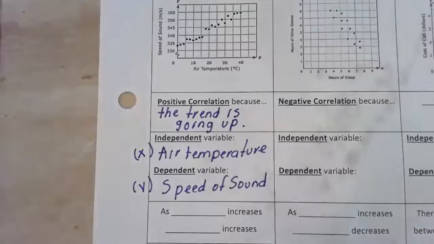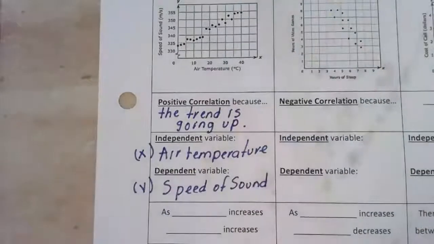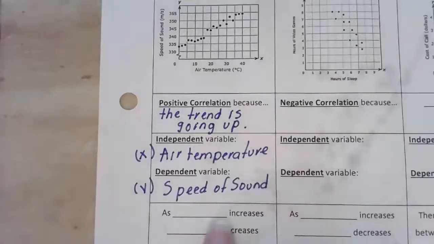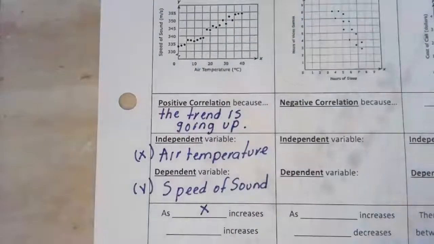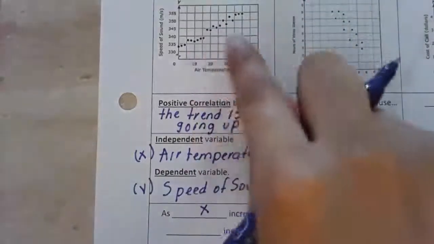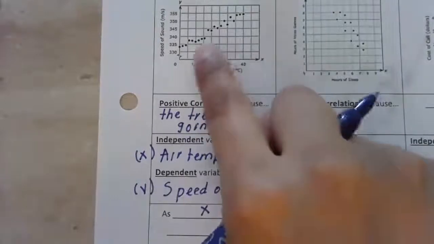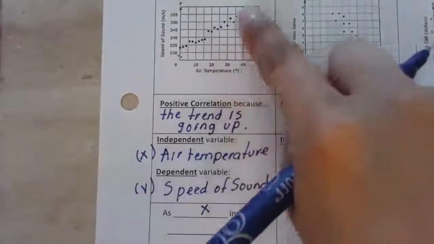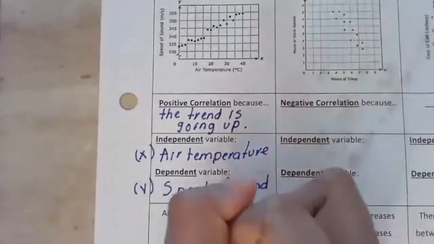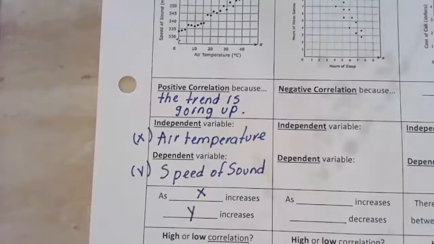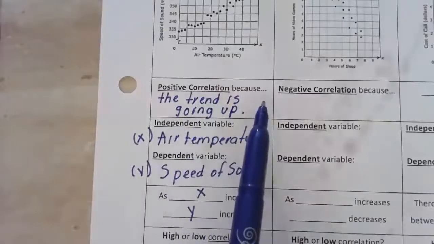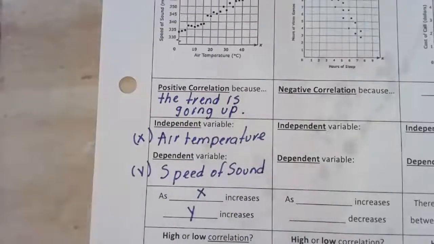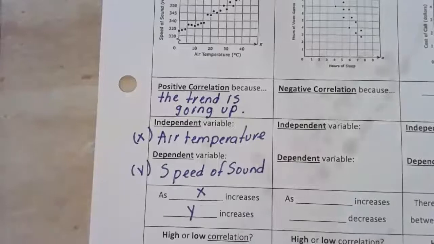So how can we describe this scatter plot and the variables? As X increases, what happens to your Y value? As I go up, your Y value is also increasing. So X increases, Y increases. So whenever it's a positive correlation, both variables will increase.